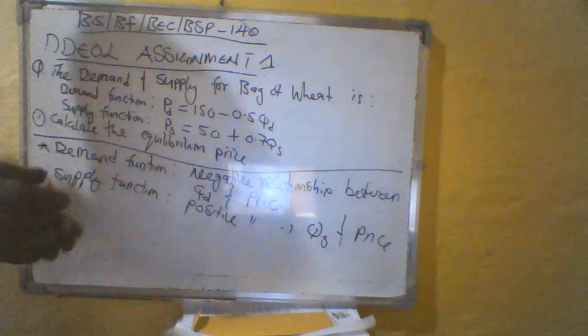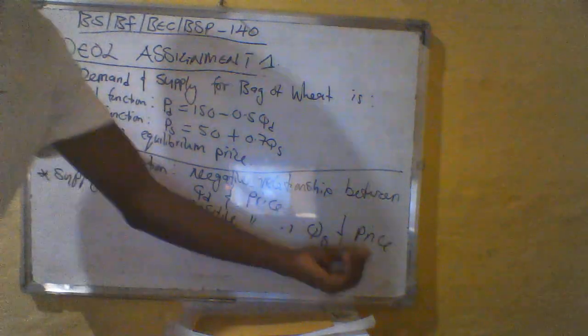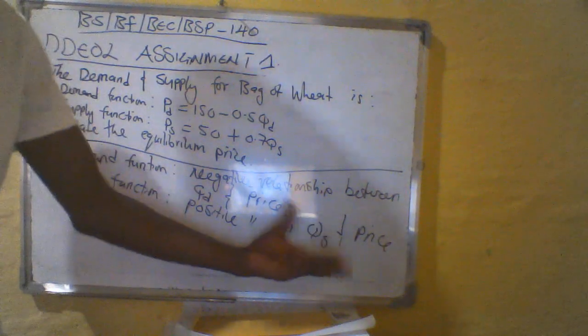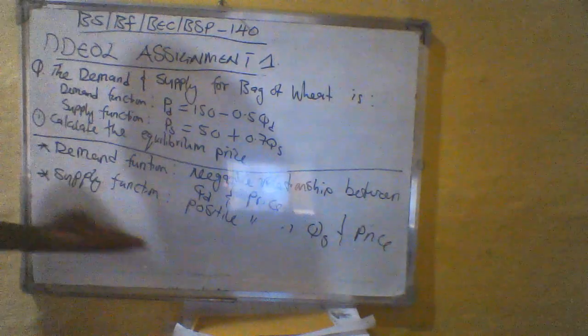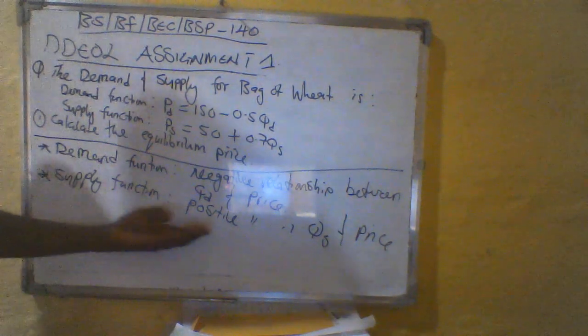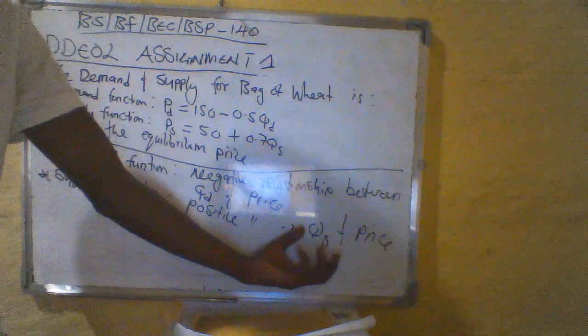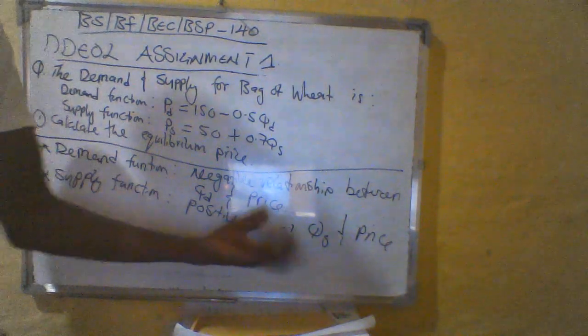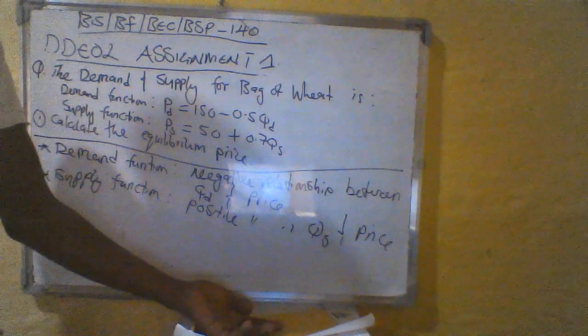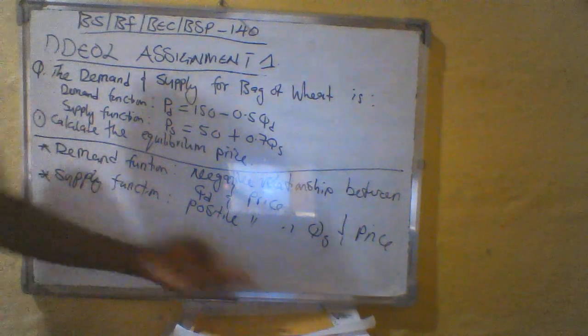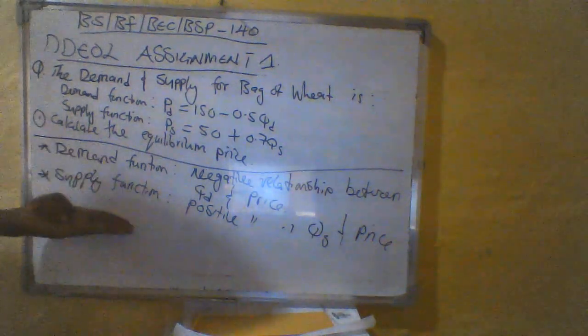So in short, what we are saying is that the higher the price, the more quantities you will supply. This explains the situation where you have a higher price, and therefore more quantity of supply. So that's the difference between these two.